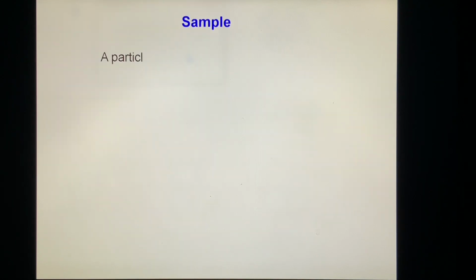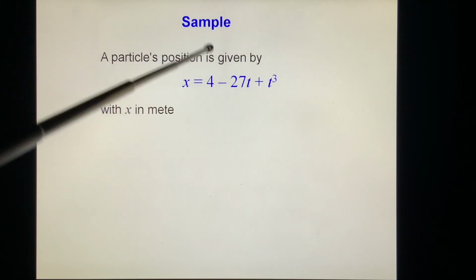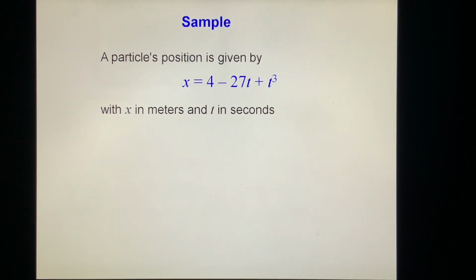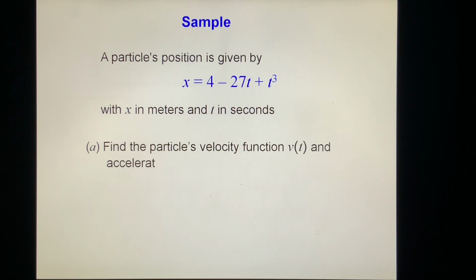Sample. A particle's position is given by x equals 4 minus 27t plus t cubed, with x in meters and t in seconds. A. Find the particle's velocity function v and acceleration function a. They are functions of time t. That's simple.